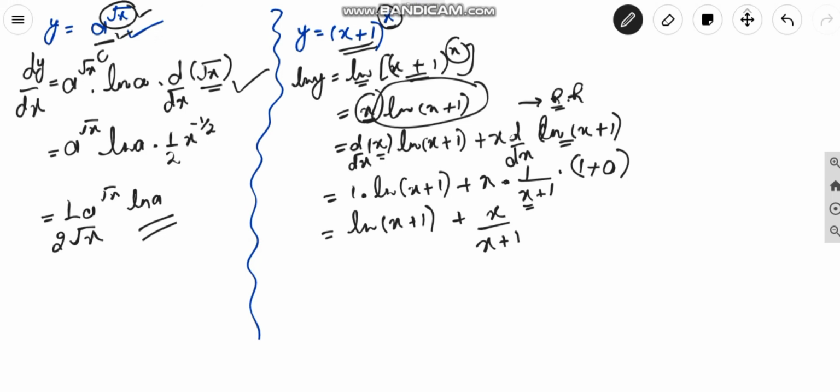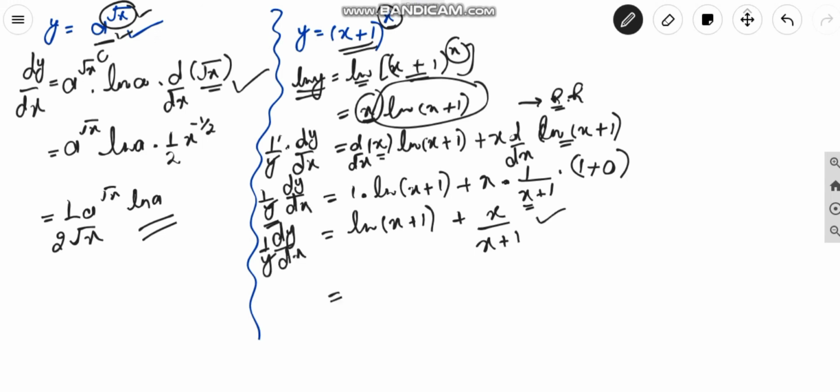Oh, we have forgotten to take the derivative of this side. So this is natural log of y. When we take the derivative of this side, we also have to take the derivative of this side. As it is natural log of y, what is the rule? 1 by y and further derivative of y with respect to x is dy by dx. 1 by y dy by dx.